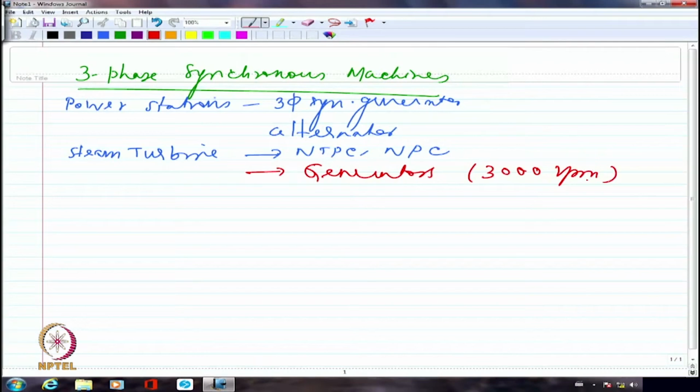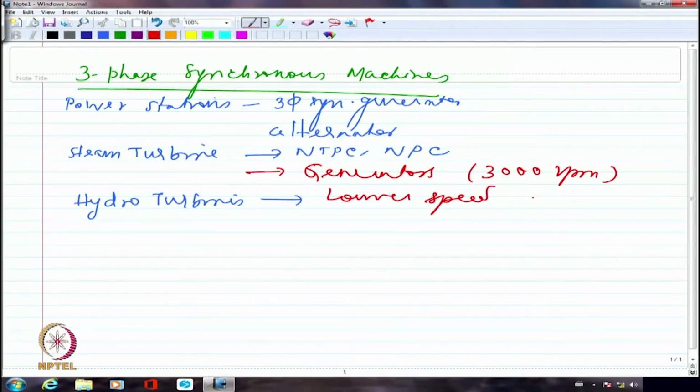Whereas if we are looking at hydro turbines in generating stations which correspond to NHPC, National Hydro Power Corporation, all of them work normally at lower speeds. So I would say around 500 RPM. It can be sometimes less as well. So it is really a lower speed as compared to the steam turbine power stations.